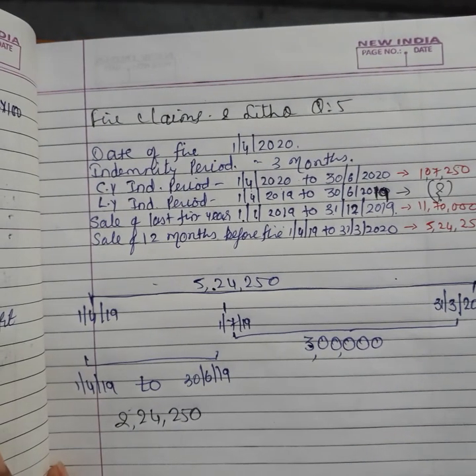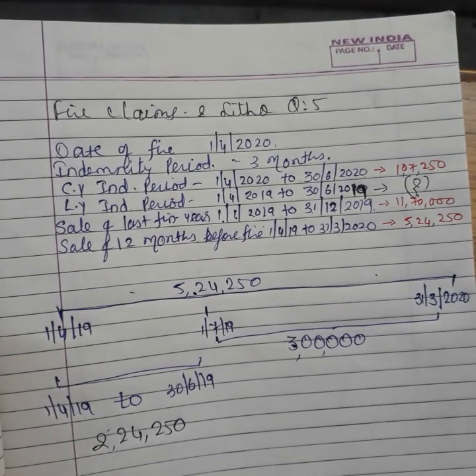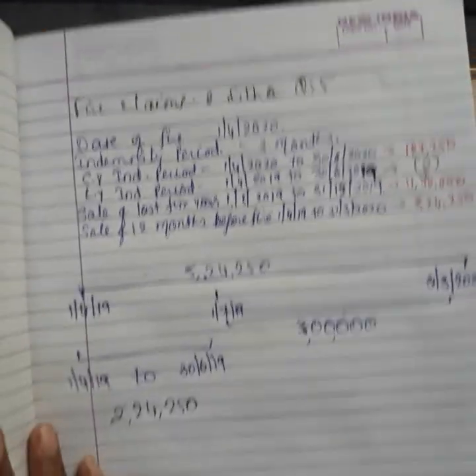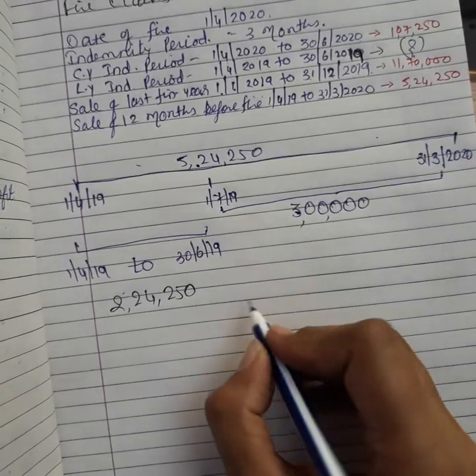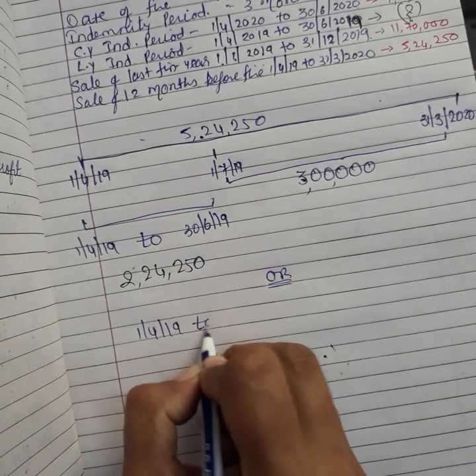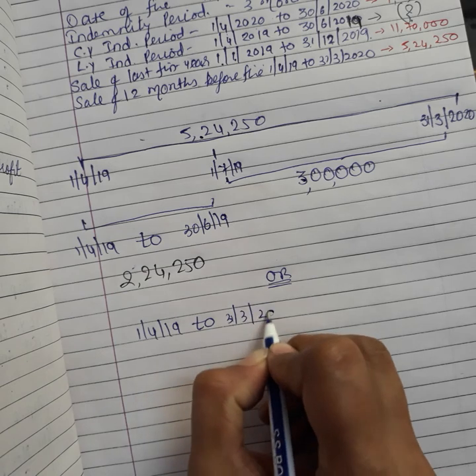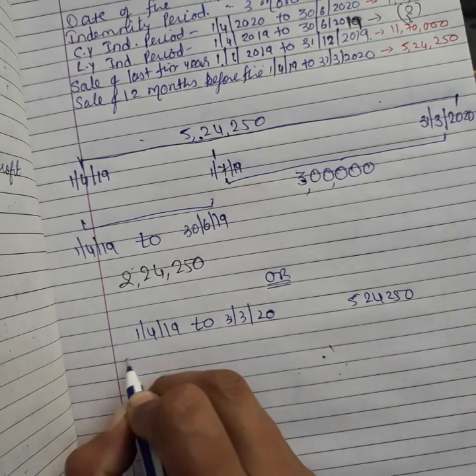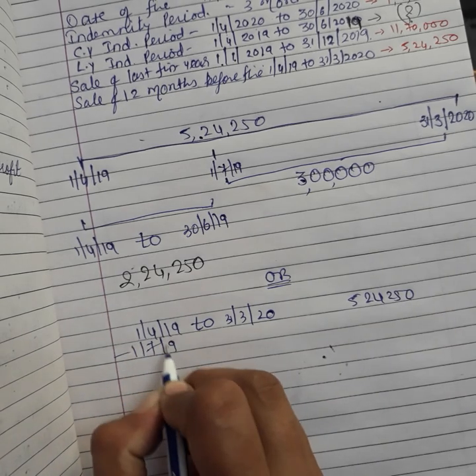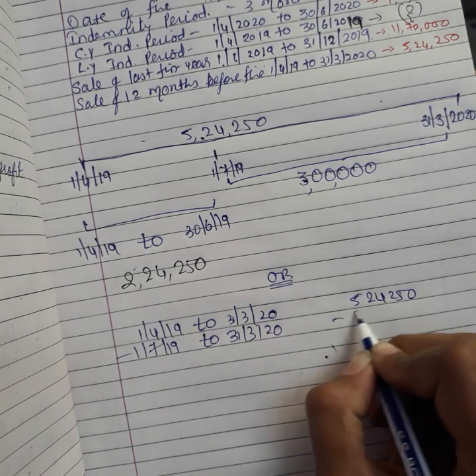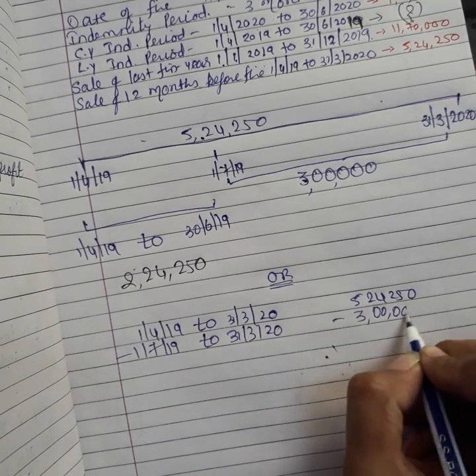Instead of this, you also can do one thing. I am just changing the focus. Okay, so it's visible now. Instead of this, sales from 1/4/19 to 31st/3/20 is 524,250 minus sales from 1/7/19 to 31st/3/20, which is 3 lakhs.